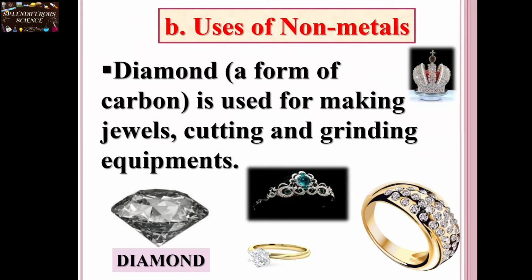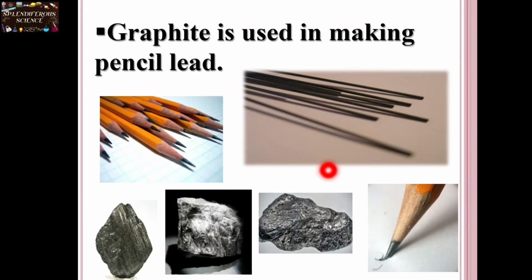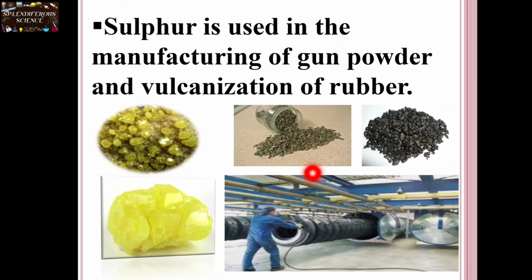Uses of non-metals. Diamond, a form of carbon, is used for making jewels, and cutting and grinding equipment. Graphite is used in making pencil lead. Sulfur is used in the manufacturing of gunpowder and vulcanization of rubber.